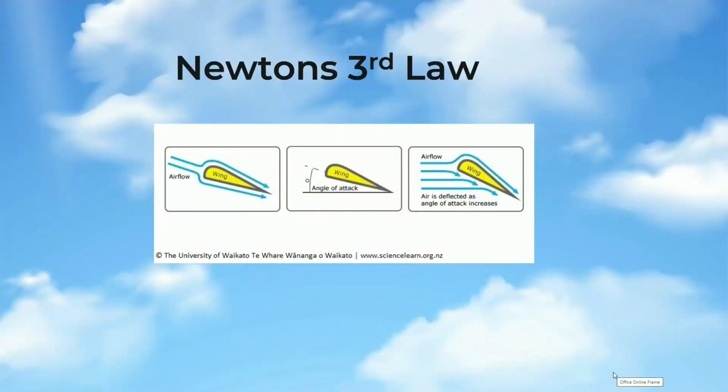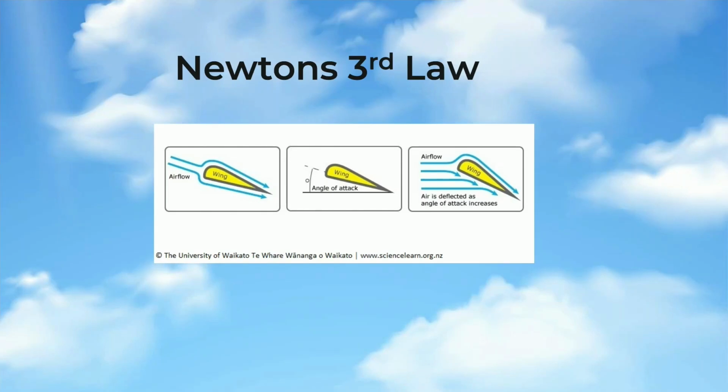So let's pop over to Newton's law. I want you to see here how Newton's laws work. Newton's law refers to, we've heard it before, for every action there's an equal and opposite reaction. And that's the principle behind Newton's third law when it refers to lift. So I like to look here at this center illustration when it talks about the wing and its angle of attack.